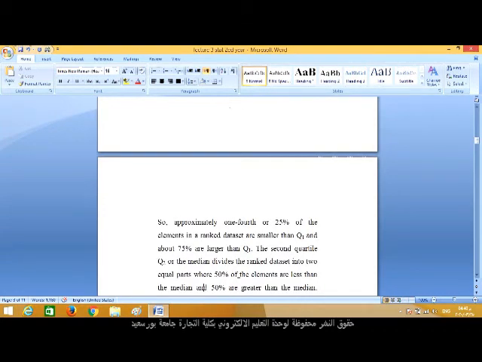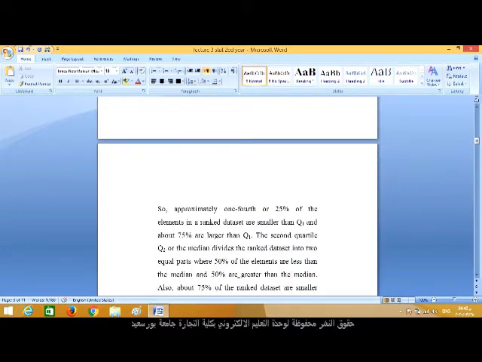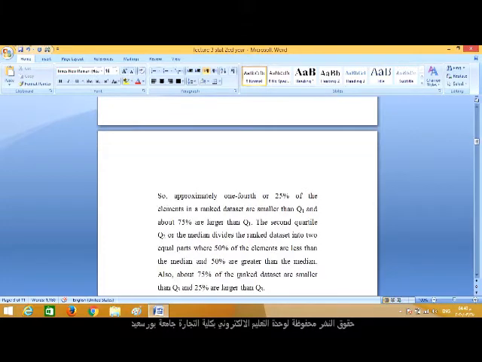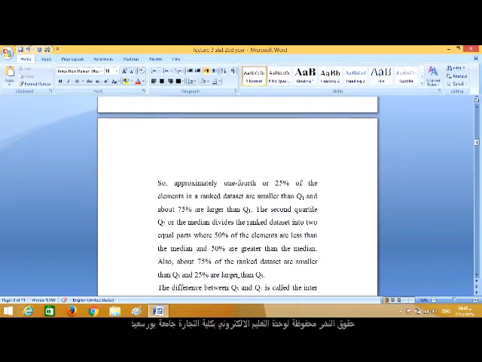The second quartile, Q2, or the median, divides the ranked data set into two equal parts, where 50% of the elements are less than the median and 50% are greater than the median. Also, about 75% of the ranked data set are smaller than Q3 and 25% are larger than Q3.